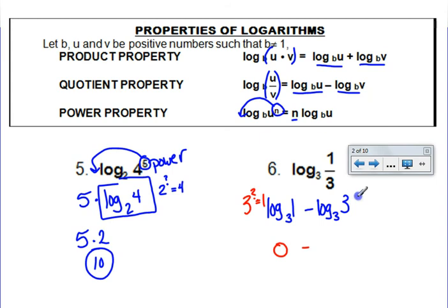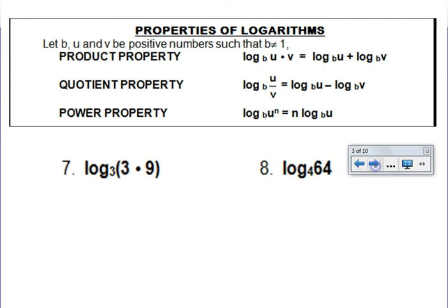And then 3 to what power would give you a 3? 3 to the first power would give you a 3. So 0 minus 1 gives us a negative 1. Now some of you saw right away that 3 to the negative 1 power gives us 1/3, and that would have been another way to do that question. I just wanted to show you the quotient property.